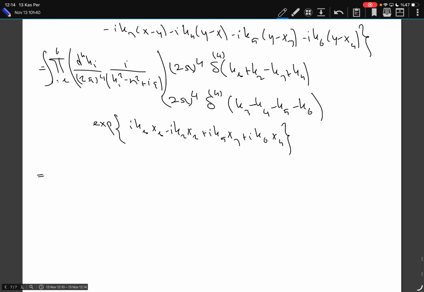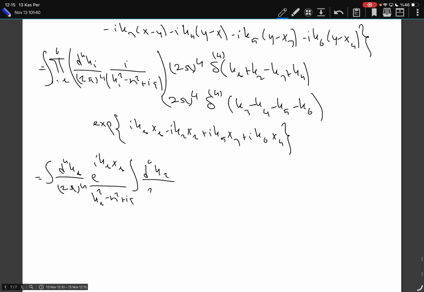So I have the integral d4k1 divided by (2 pi) to the 4, e to the power i k1 x1, divided by k1 squared minus m squared plus i epsilon, d4k2 divided by (2 pi) to the 4, e to the power i k2 x2, divided by k2 squared minus m squared plus i epsilon.